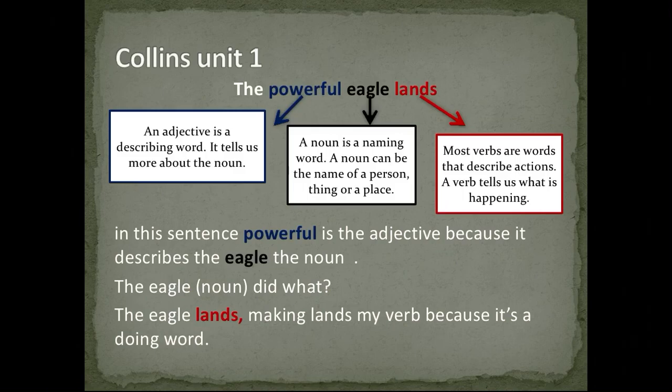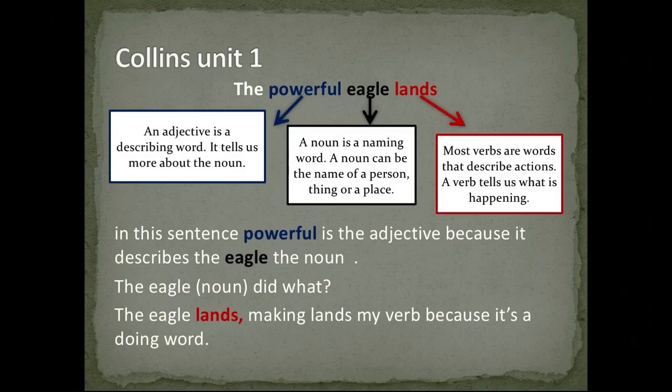In this sentence, powerful is the adjective because it describes the ego, or it describes the noun. The ego is my noun. So what did the ego do? He did what? The ego lands, making lands my verb because it's a doing word. Okay? The ego lands. The powerful ego lands.